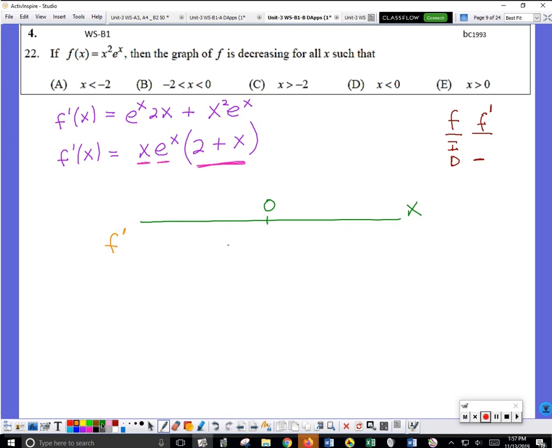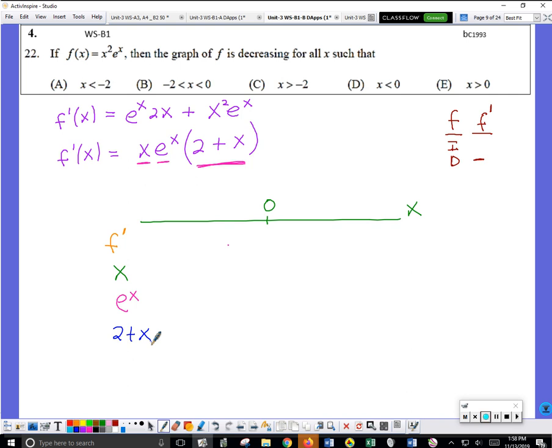But f prime is made up of x multiplied by e to the x multiplied by 2 plus x. So as the problems get more and more complex, the task does not become harder. You just have more rows in the chart. The analysis is still easy.